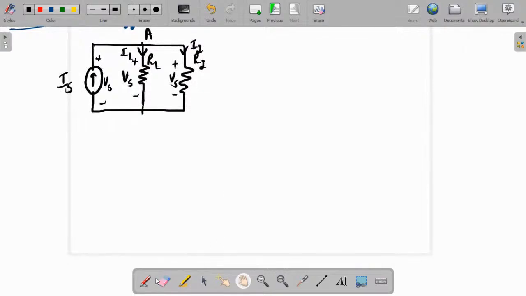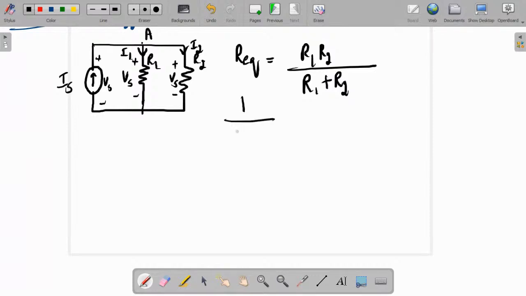So what is R equivalent now? In case of parallel connection, R equivalent is given by R1 R2 divided by R1 plus R2. There is a derivation of how this comes, but that is not necessary from our exam point of view, so you can directly know this formula. For n resistors in parallel, 1 by R equivalent is equal to 1 by R1 plus 1 by R2 plus etc. up to 1 by Rn.